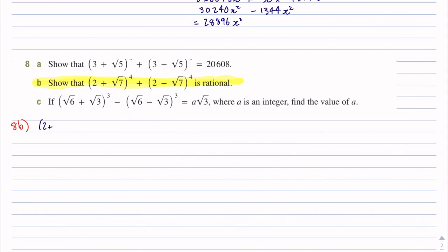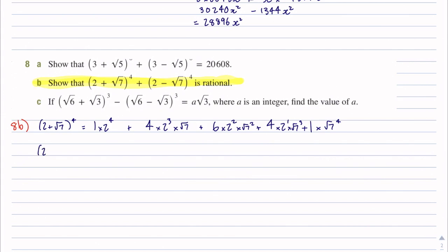So 2 plus root 7 to the 4 is 1, 4, 6, 4, 1 times 2 to the 4, 2 to the 3, 2 to the 2, 2 to the 1, times root 7 to the 1, root 7 squared, root 7 to the 3, root 7 to the 4, plus between each term.